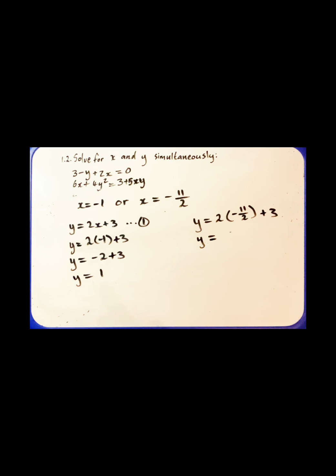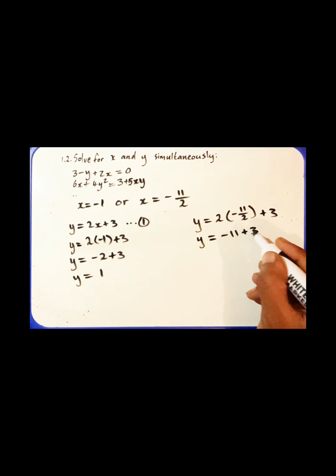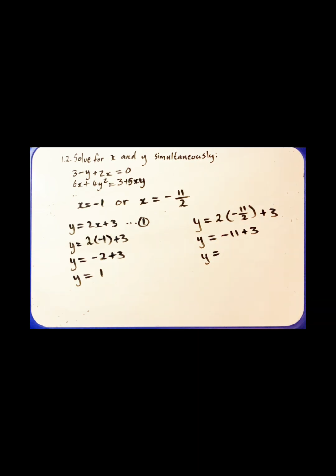We're going to have negative 11 plus 3, and then we're going to have our answer as negative 8. So our y will be 1 or it will be negative 8.